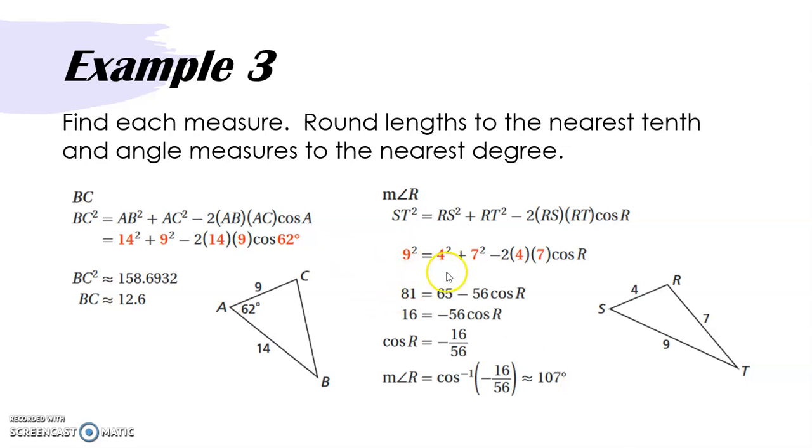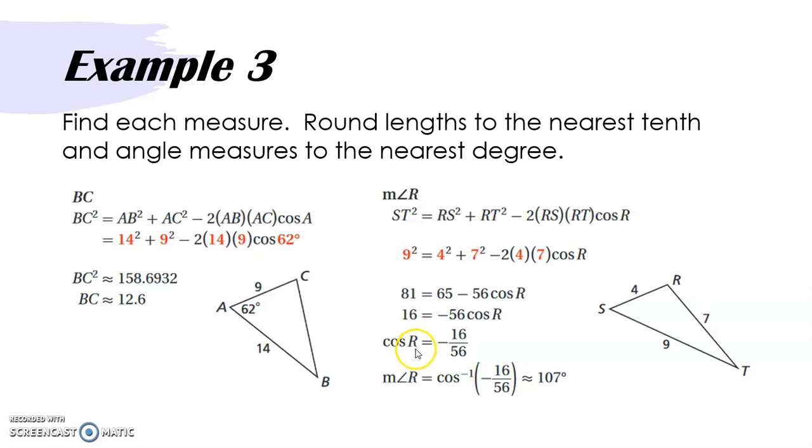So what I did is I squared my numbers. I added the 4 squared and the 7 squared because those actually can be added. They're just plain numbers. Then I subtracted that to the other side. And finally, I divided by negative 56. So I ended up with the cosine of R is negative 16 over 56.